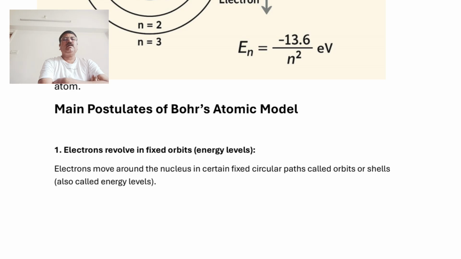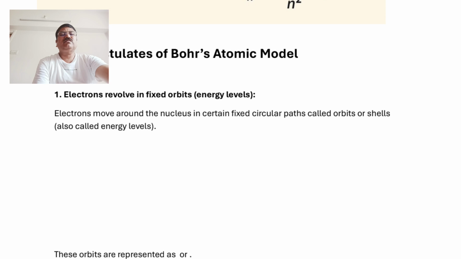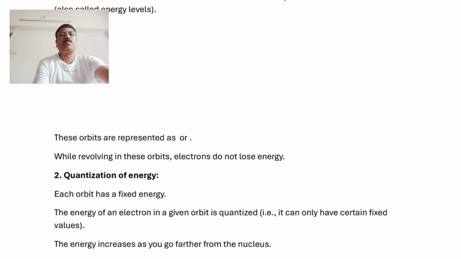Electrons move around the nucleus in certain fixed circular paths. According to him, these are called as orbits or shells. These circular pathways are also called as energy levels. So what is the first postulate? That is, electrons are continuously revolving in fixed energy levels or circular pathways, that is called as orbits. So this is the first postulate of Bohr's theory.